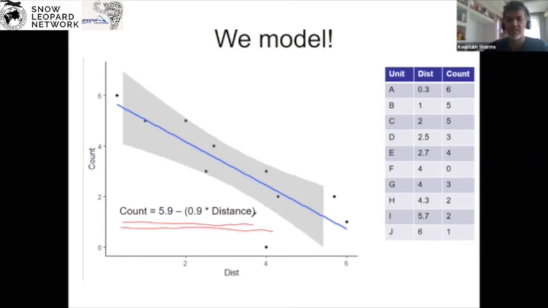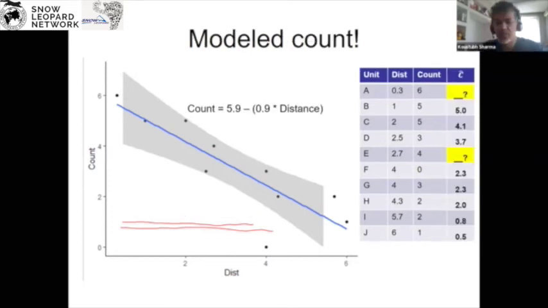Now, how can you do that? Let's see if it really works. What I'm going to request you all, use a simple calculator or a pen and paper, and please use this equation to calculate this number and kindly put it in the chat box. Use this equation to give me a value of count for this distance.